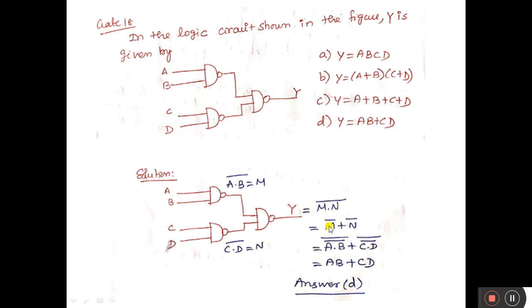M is A dot B whole bar, with one more bar here, plus N, which is CD whole bar, with one more bar there. These two bars cancel, so the final answer is AB plus CD, which is given in option D.